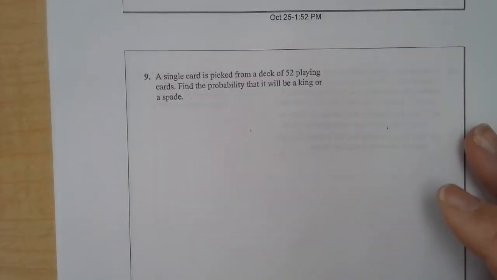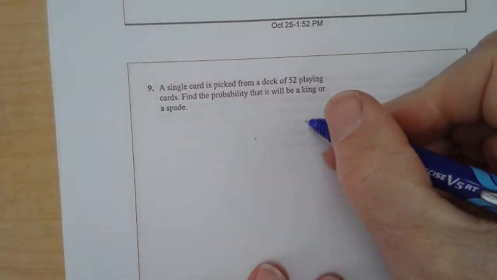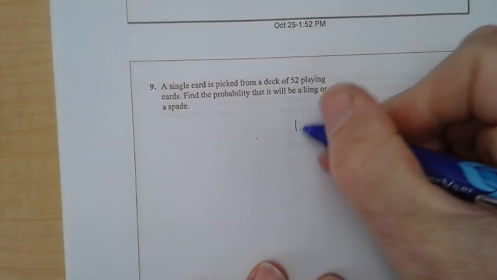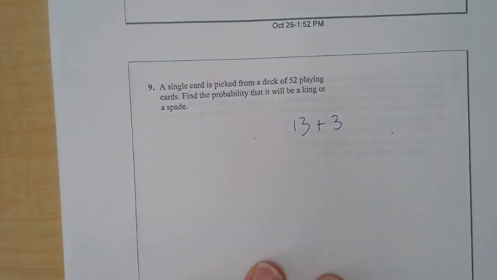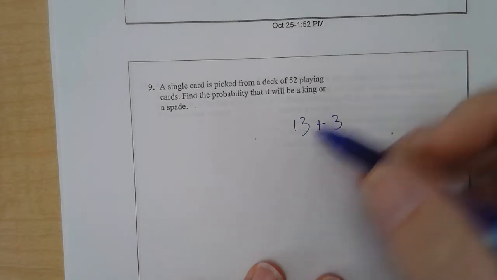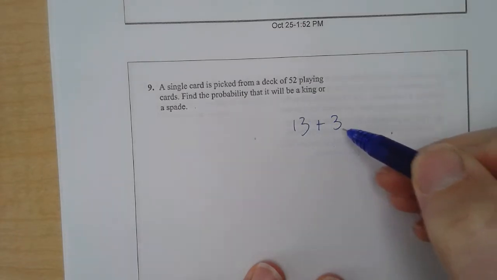Number 9. It says a single card is picked from a deck of 52 playing cards. Find the probability that it'll be a king or a spade. So the kings, this is where there's overlap, right? There's 13 spades, and then there's 3 kings that aren't spades. So the 13 here includes the king, and then the 3 extra would be the other kings.